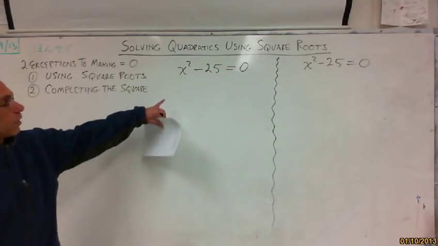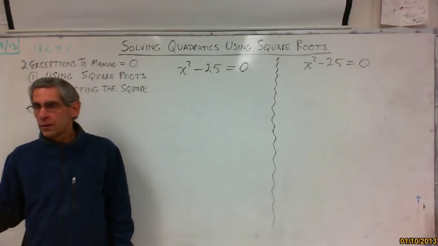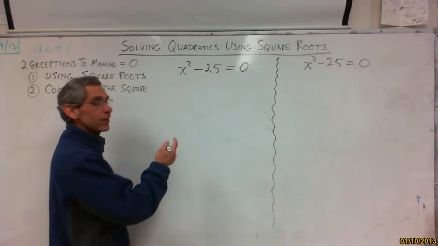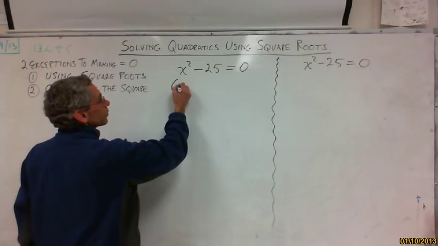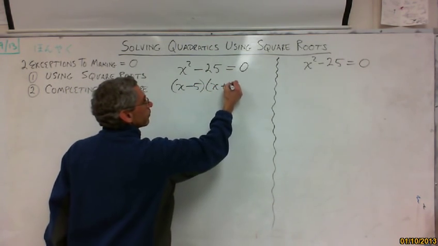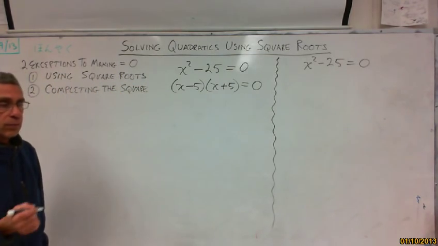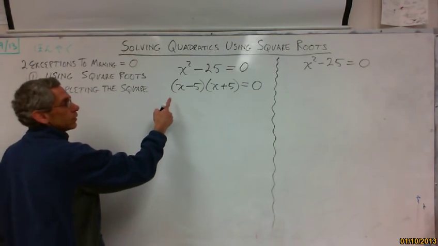Now, you already know this way. What is x squared minus 25? It's the difference of two squares. So it's going to be x minus 5 times x plus 5 equals 0. Make sure this is in your notes.